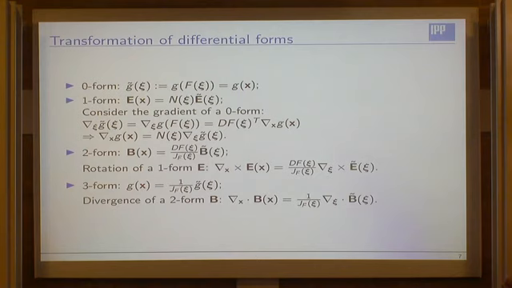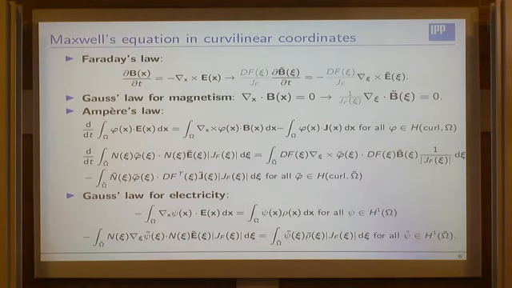You take the curl, then here you get this, the DF, so the Jacobian divided by the Jacobian determinant, and then finally for the three form you get 1 over the Jacobian determinant. So when we formulate things in the curvilinear sense, we of course have to take care of these transformations.